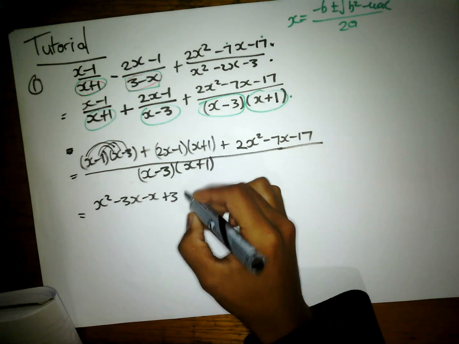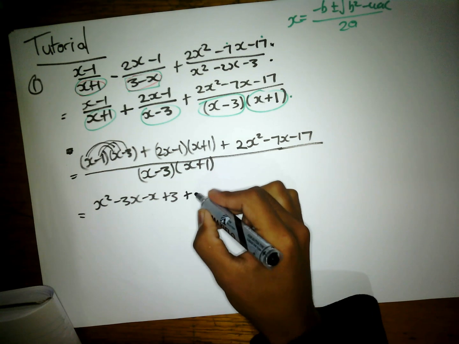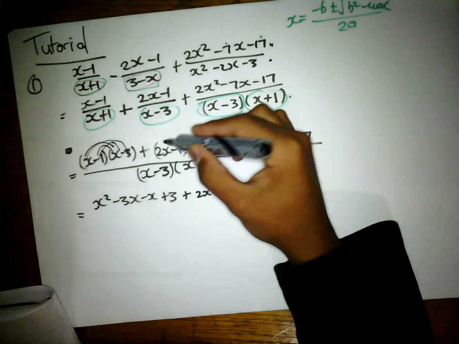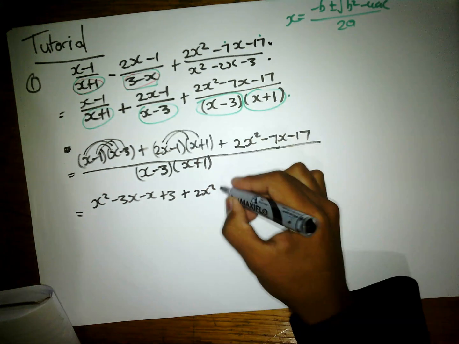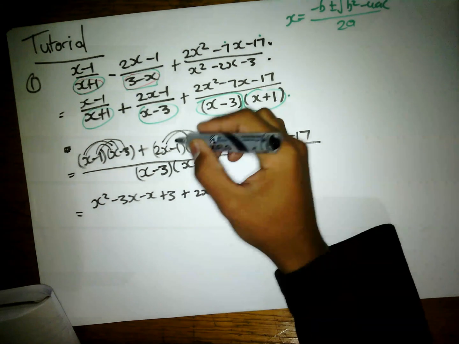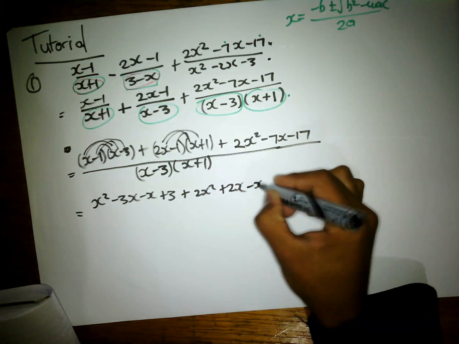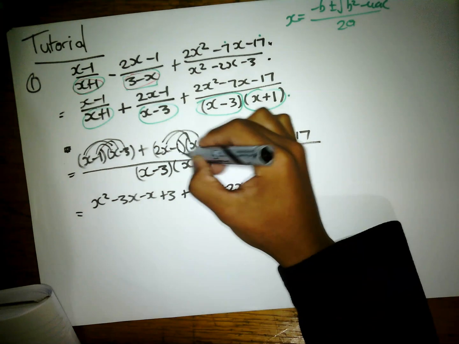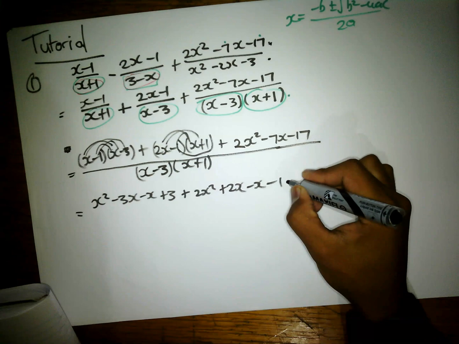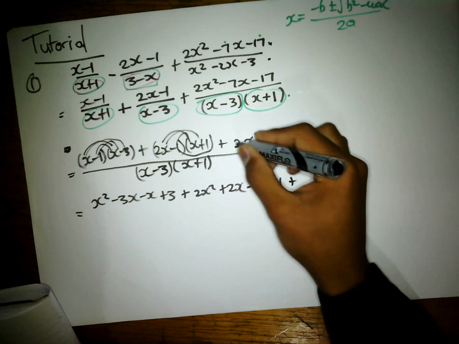For this one over here, it's 2x squared plus 2x minus x minus 1. And then we still have this last one as it is.